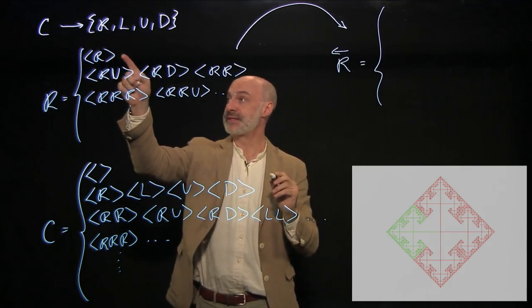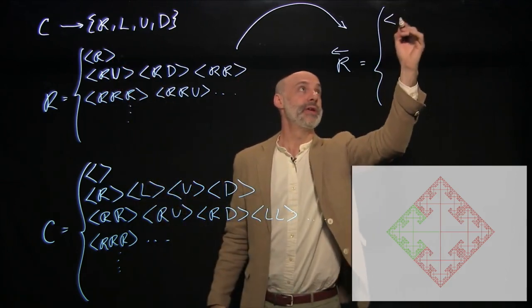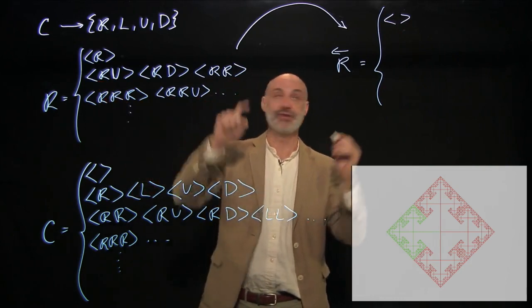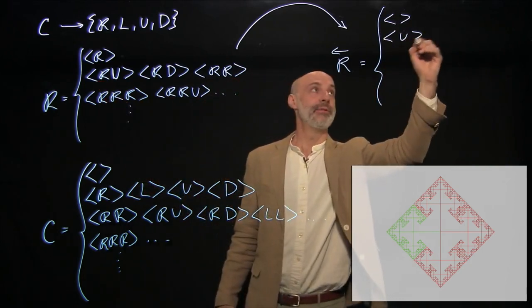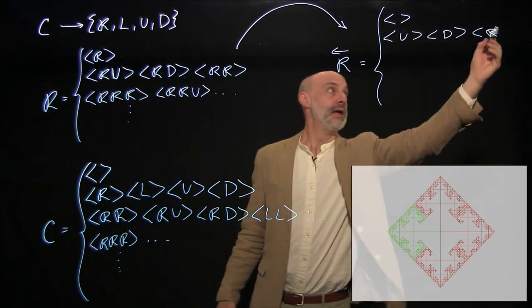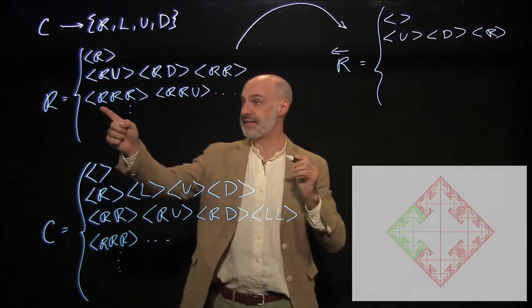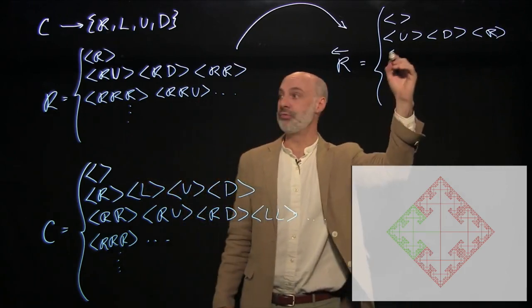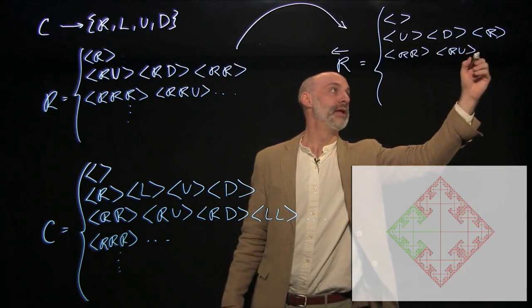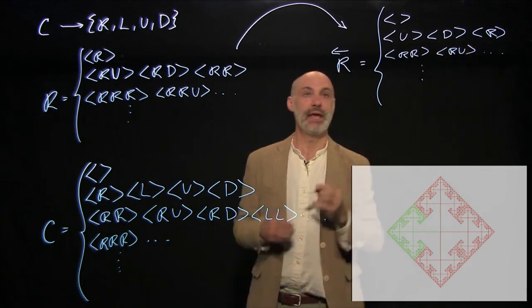So by removing the first step in that path, we get the empty path. By removing the first step in each of these, we get up, down, right. By removing the first step from each of those, we get right, right, right up, and so forth.